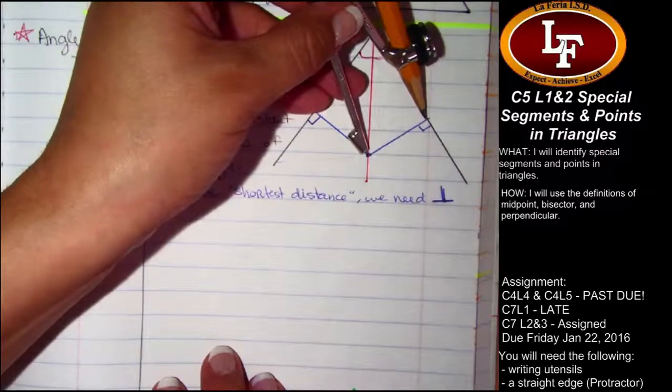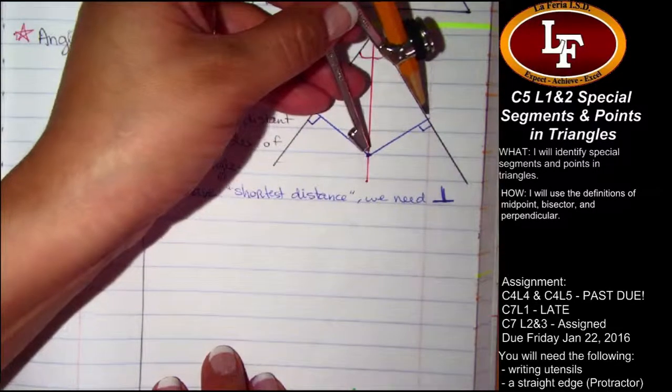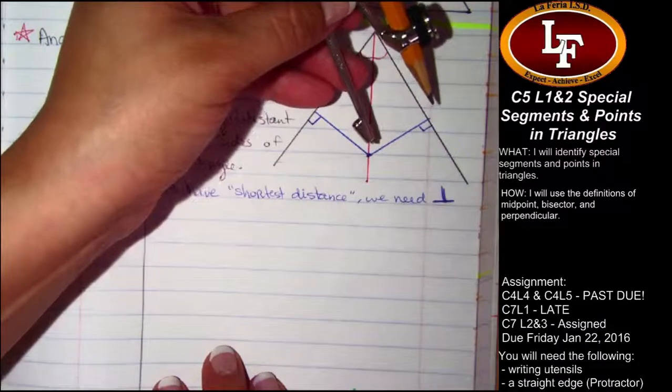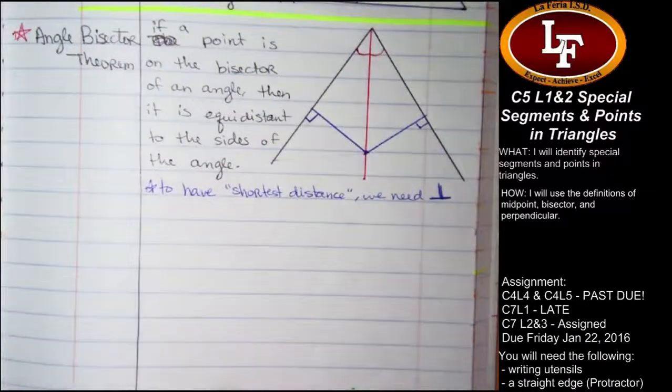I drew it right, it does. Had one class where it didn't match up. I mismeasured something. I felt really bad. Okay? So just give it a quick measure, whether you're using your compass or your protractor ruler thing.